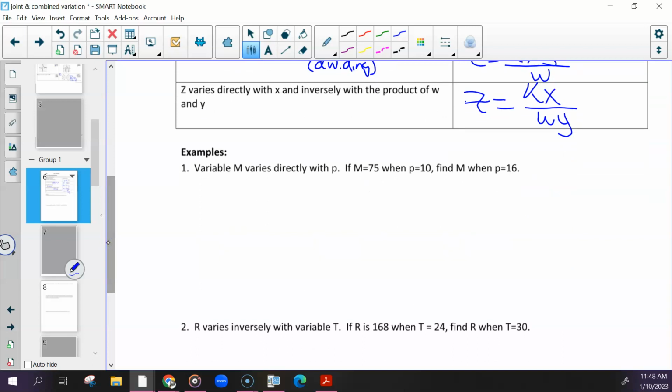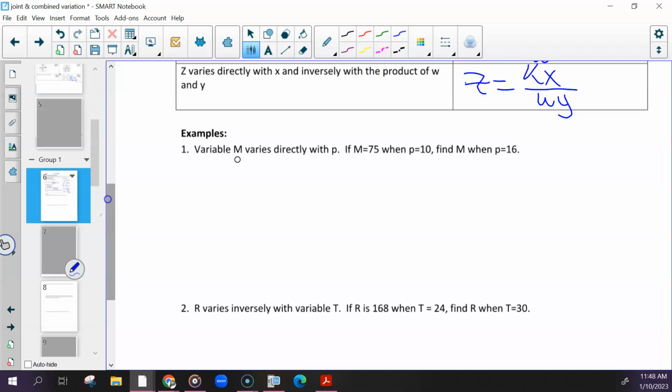Okay. We're going to go through some of these examples, starting with number 1. Variable m varies directly with p. So it's a normal direct variation, but the variables have changed. Think about your m like your y, and your p like your x. Don't change the variables, but think about them like those.